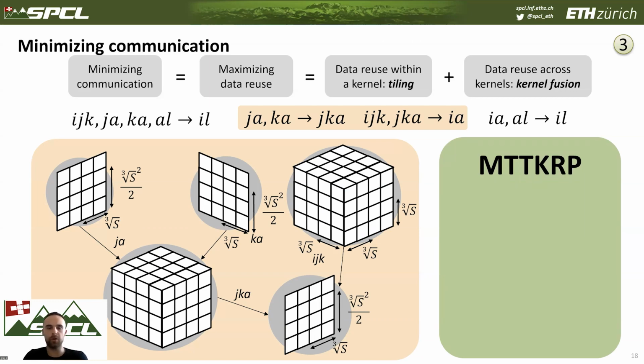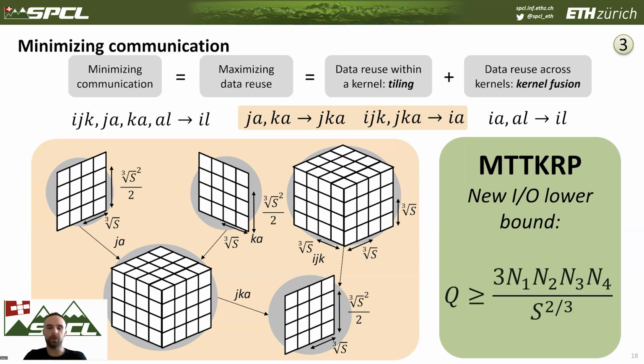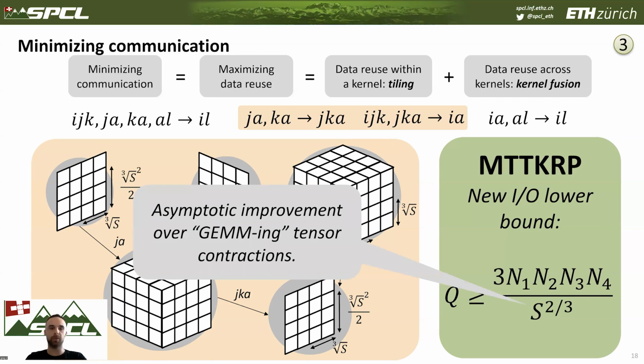And in this work, we establish a new tight I/O lower bound for this kernel, which is Q, the minimum number of I/O operations, is 3 times the size of the iteration space divided by S to the power of 2/3. So compared to standard state-of-the-art approaches that use GEMM calls to perform MTTKRP, this is actually an asymptotic improvement over GEMMing the tensor contractions.